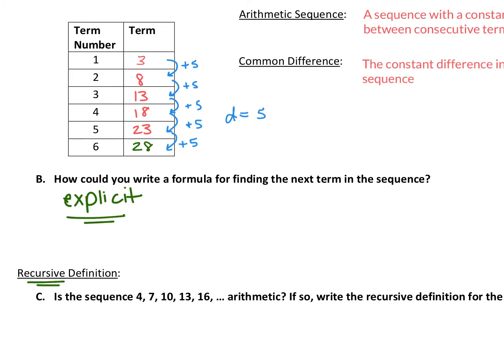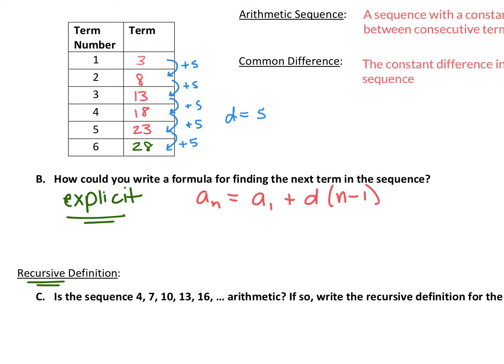Okay, so an explicit formula has a specific form. It follows the form a sub n equals a sub 1, that's the first term of the sequence, plus the common difference times n minus 1. And this n stands for whatever term. Is it the third term, fourth term, fifth term?